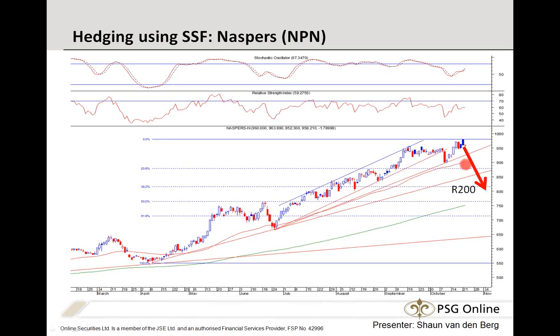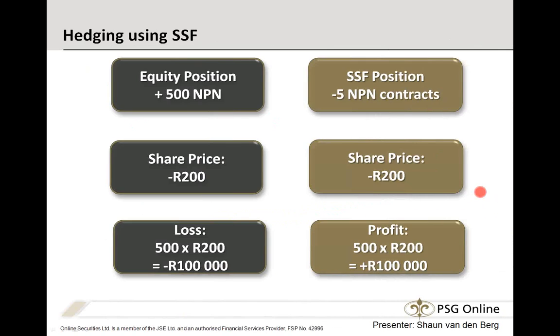But you anticipate that this market's going to fall very soon. It's overvalued. It has to crack soon. Yes, it's trading above its moving averages and above its channel, but what if the market goes against you? What happens if it pulls back to at least a 50-day or 50% Fibonacci retracement, which is roughly about 200 Rand off? So this is where the advantage comes in.